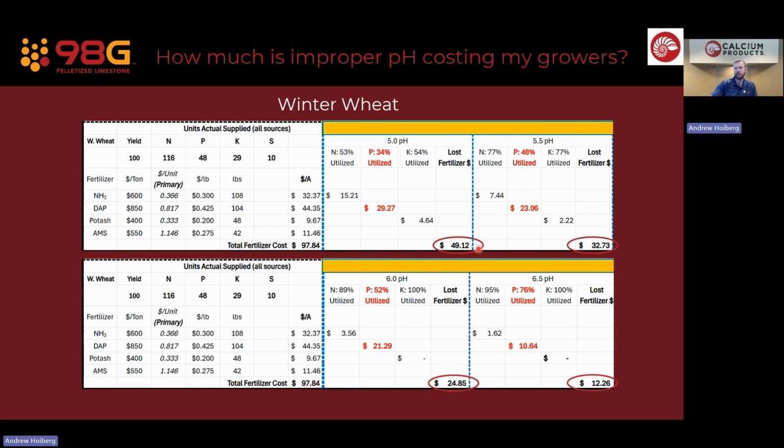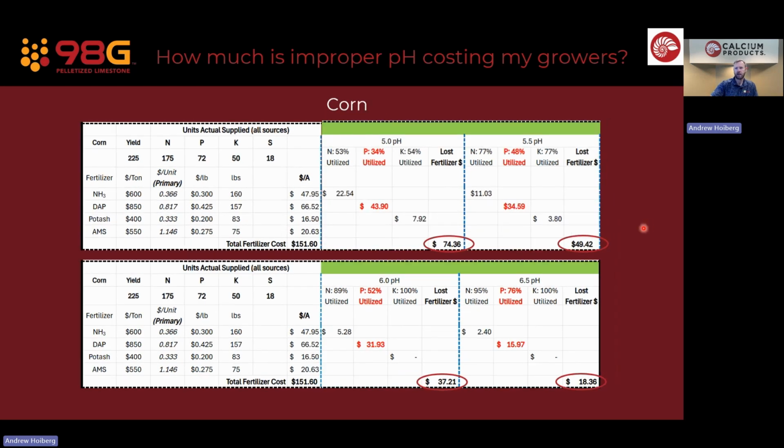If we go back to corn here for a second, this particularly works out well at these lower pH values, but we even see benefits of these maintenance applications at 6 or slightly above 6. So being able to factor in those lost dollars in return yield from using 98G in a maintenance rate scenario is a very real conversation that folks should be having with their growers, really getting over the hump of cost per ton versus cost per acre when it comes to liming materials.